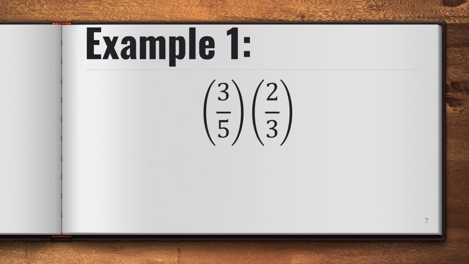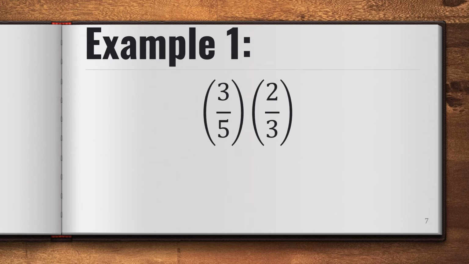For example 1, we have 3/5 times 2/3. If you see fractions or numbers enclosed by parentheses like this, with no operation between them, the operation is automatically multiplication.